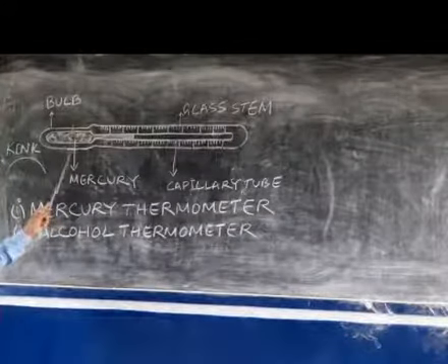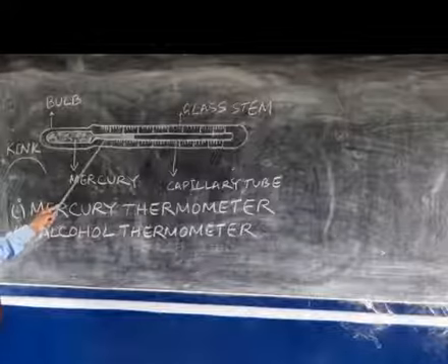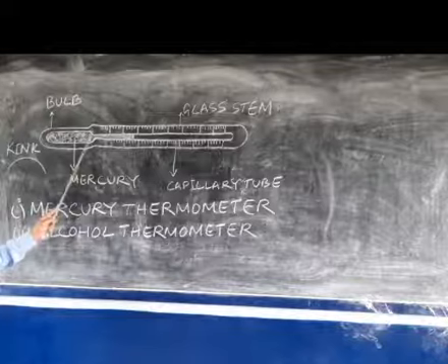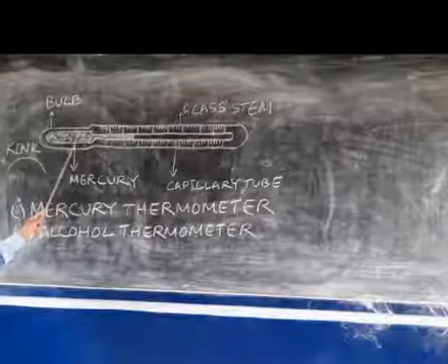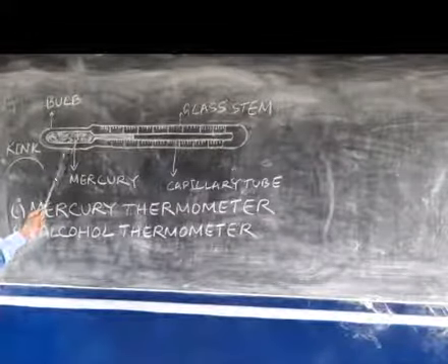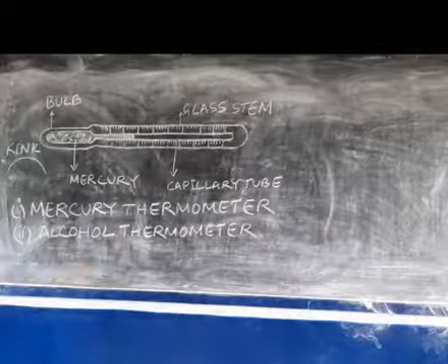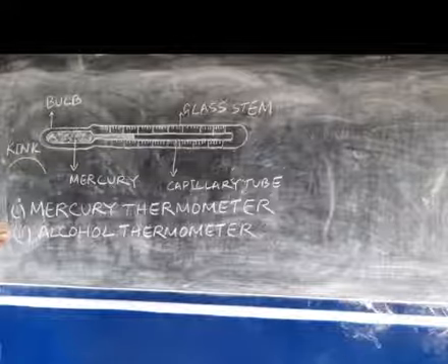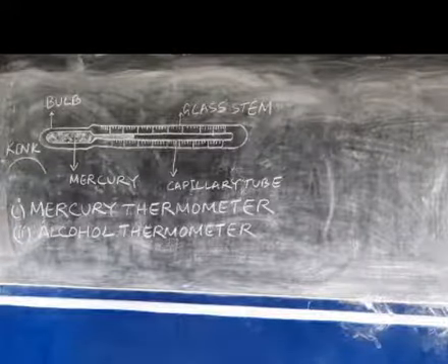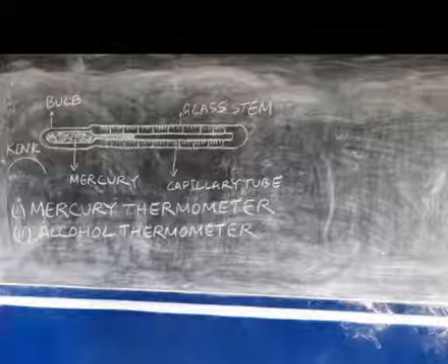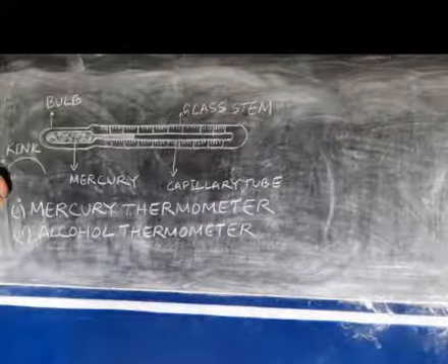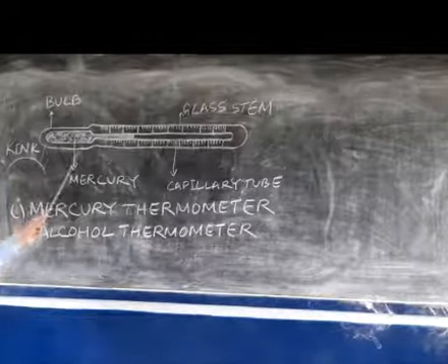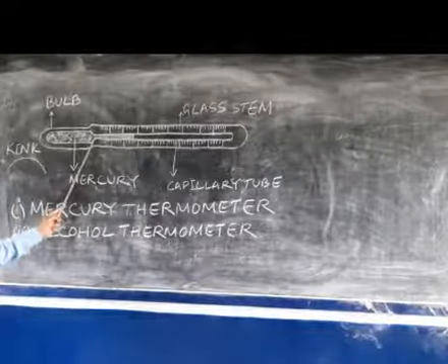Now this kink, which is present near the glass bulb, will prevent the mercury from falling back into the bulb once the thermometer is taken out from the mouth or from the armpit. That means wherever the mercury has risen, the mercury remains; it doesn't come back once you remove the thermometer from your mouth or armpit.